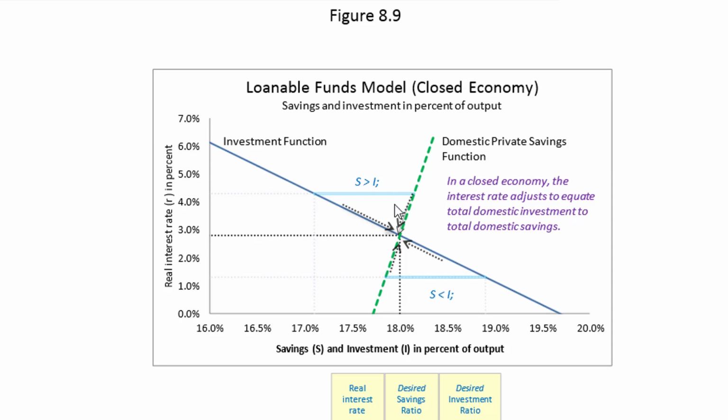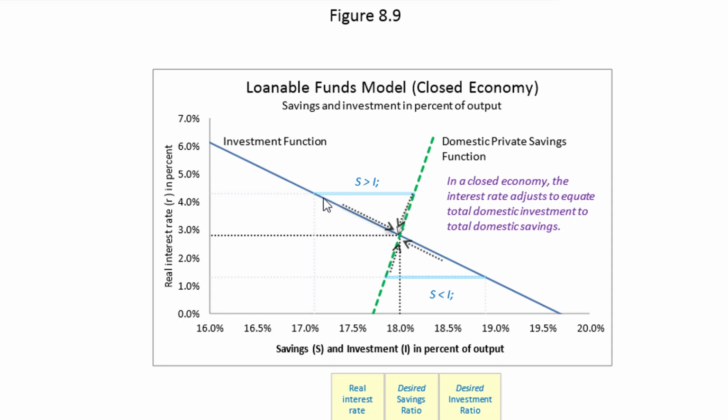The interest rate that clears the loanable funds market is where investment is equal to savings. How do we know that? Suppose the interest rate were higher. That would mean savings would exceed investment. You would have a lot of savers supplying funds, competing with one another, and driving the interest rate down.